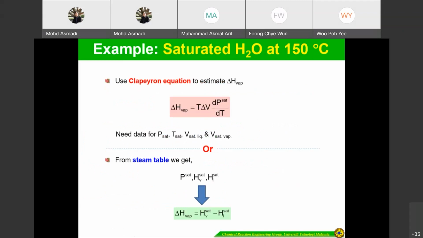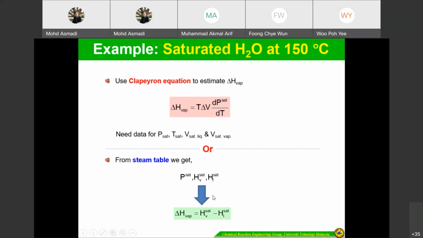For example, this one is for water at 150 degrees C. You can use the Clapeyron equation to calculate the enthalpy or the volumes as well as temperature. I think this one is for delta H vapor. But we have another method, by using a steam table. You have to use a steam table.